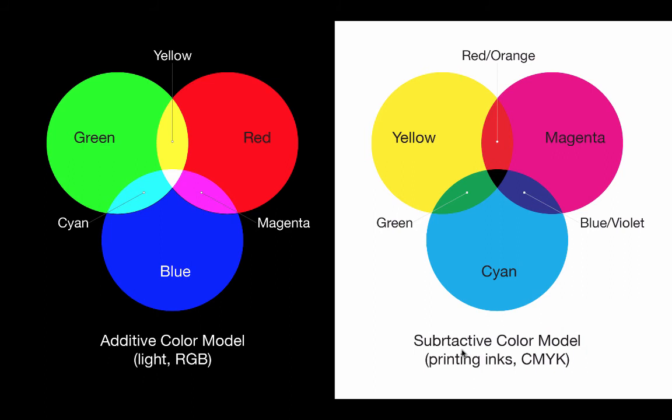So sometimes you have to do a little bit of testing if it's something that's really important. And that's why if you send something to a printer, you would always want to get that particular printer's proofs so that you can see how it's going to look before you go to press and spend a bunch of money and do a big run. If the color's wrong, you don't want to find out after you've printed the entire run.